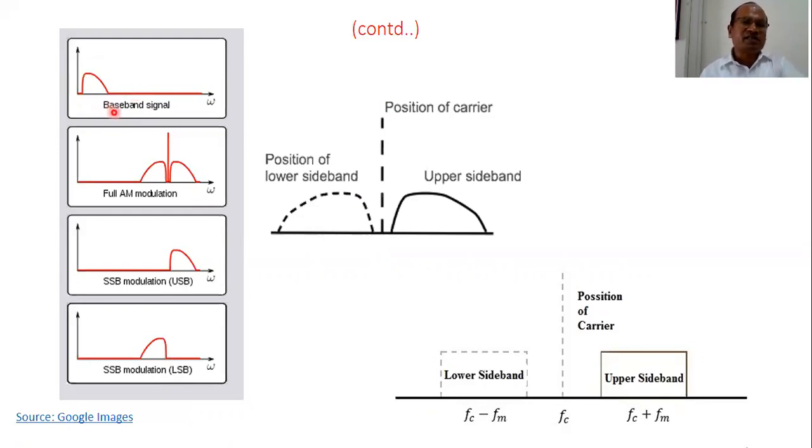This signal is present in the upper sideband as well as in the lower sideband. Between the two, there is one vertical line. This vertical line represents the carrier. To the right of the carrier is the upper sideband, and to the left of the carrier is the lower sideband.